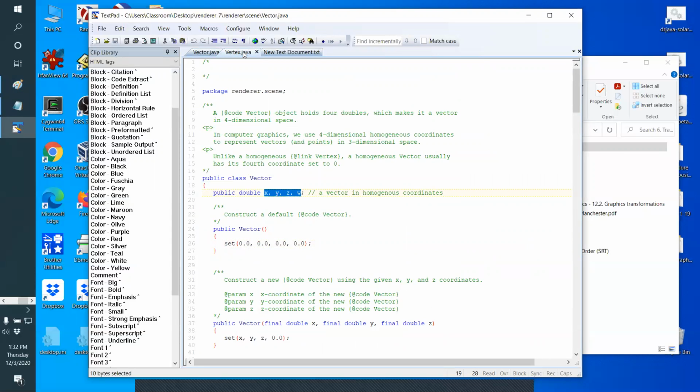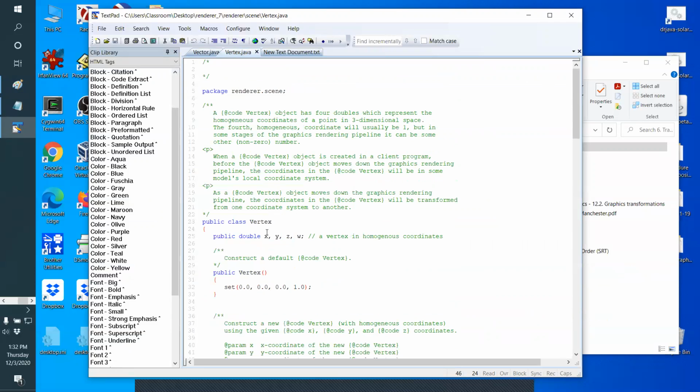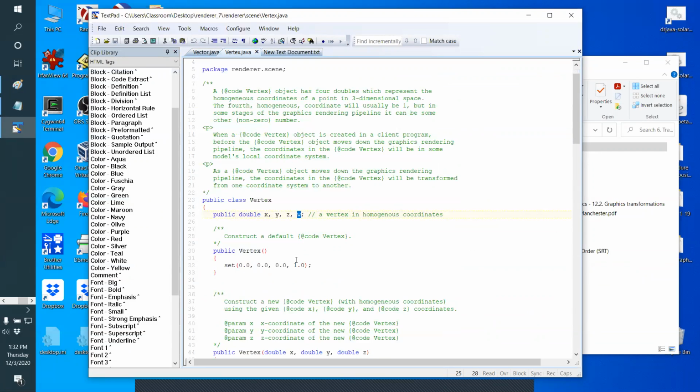Now the vertex class, some graphics cards for their vertex class don't even have a W there, because it's always going to be 1, so you don't really need to store it. But I went ahead and did it with a W there. Occasionally you'll see there's a couple steps where it can be something other than 1. There is a reason why it might be other than 1. But some graphics cards don't actually put a 4th number for the vertex.